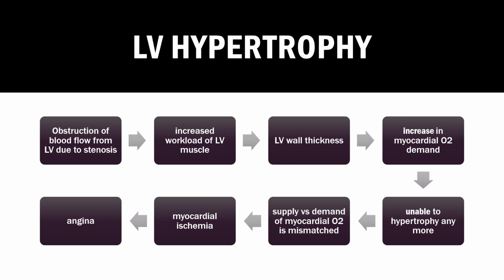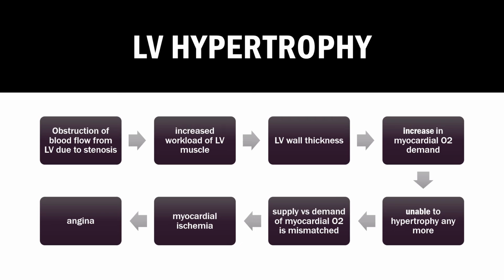So how does this happen? Well, this happens because there is an obstruction of blood flow from the left ventricle due to the stenosis of the aortic valve. This causes the left ventricle to have an increased workload, which causes the left ventricle wall to become thickened or hypertrophied.